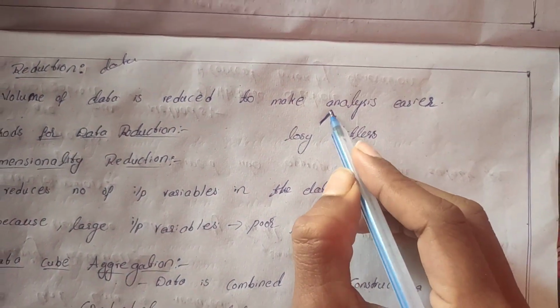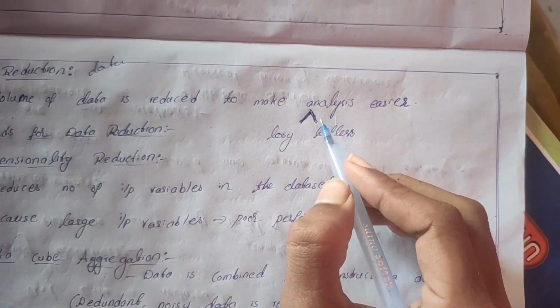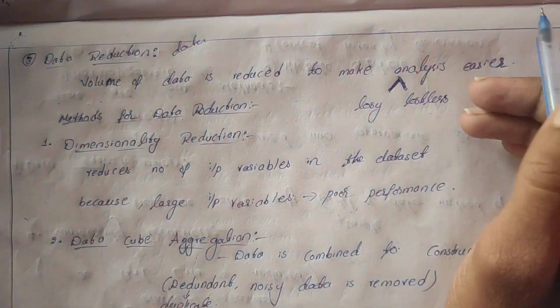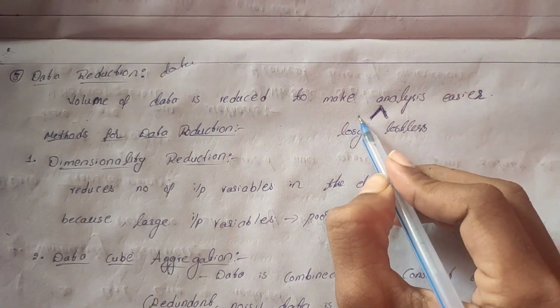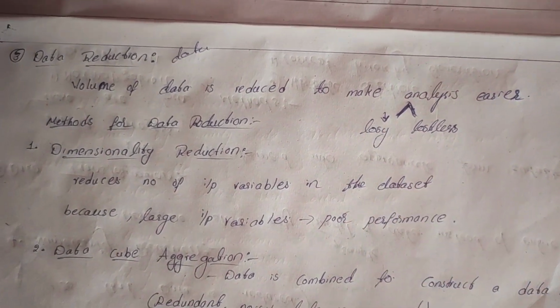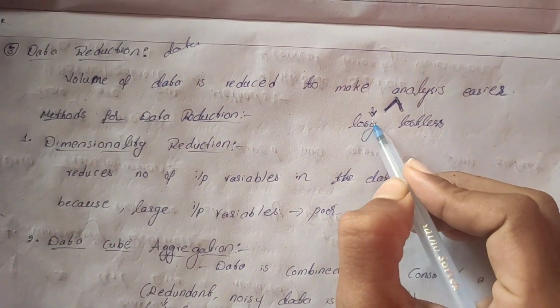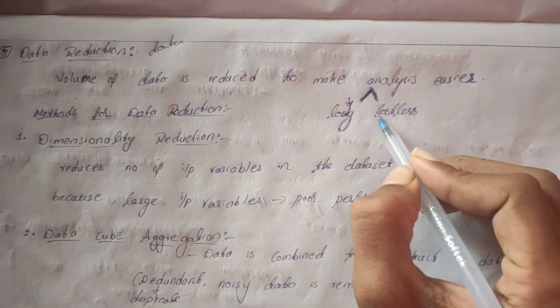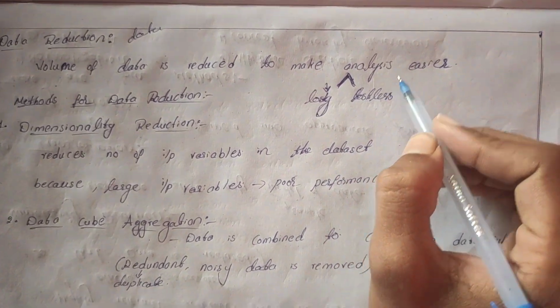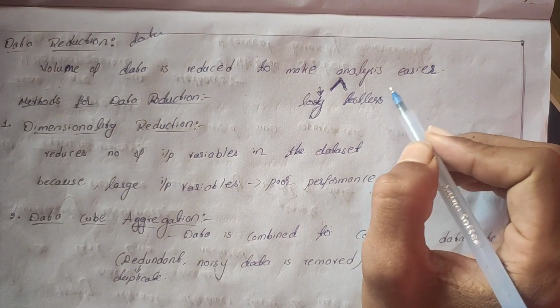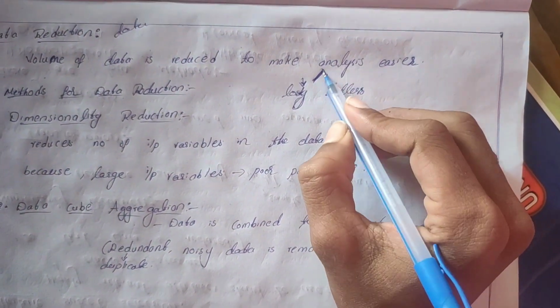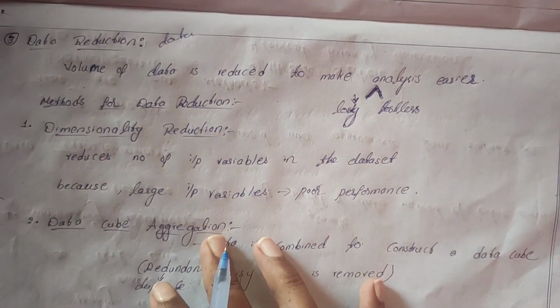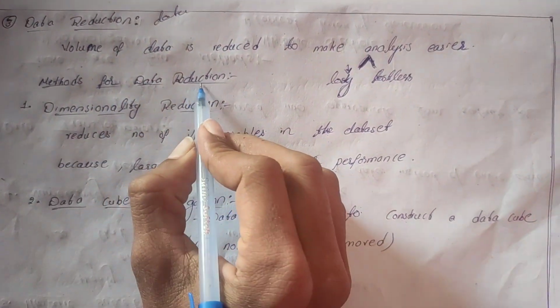It can be done by lossy and lossless methods. Lossy means some of the data will be lost, and lossless means data will not be lost, and we can analyze it easier. Okay, so let us discuss the methods of data reduction.